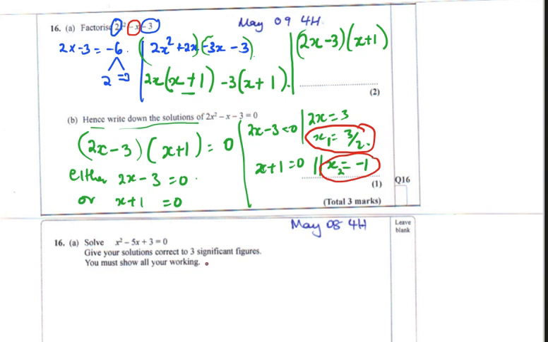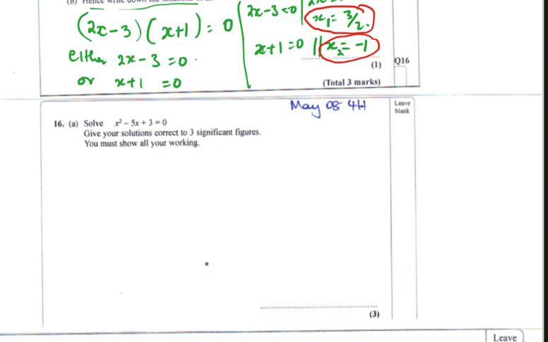Alright, so going to the second question here, we can check it out. X squared minus 5x plus 3. So you realize that this one is a perfect example of a quadratic equation that does not have factors. And for a quadratic equation that doesn't have factors, you can't use factorization.